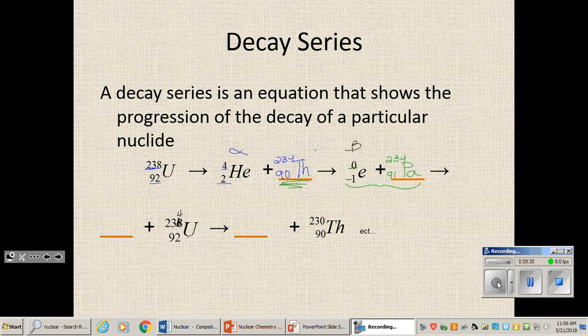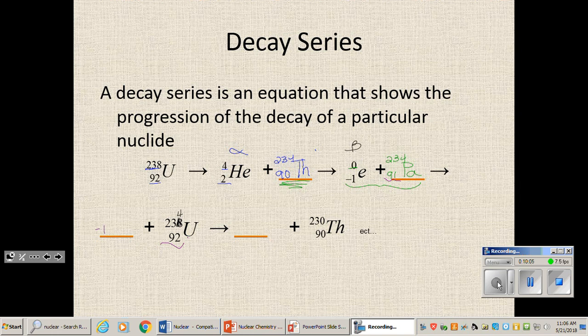Here this is just continuing on down at the bottom. Our nuclide went from an atomic number of 91 to 92. So what can we add to 92 to get 91? That's going to be a -1.